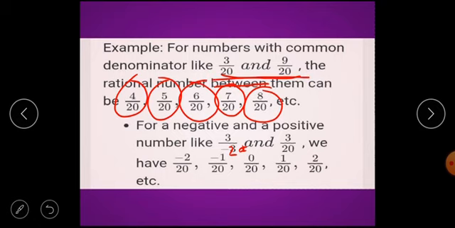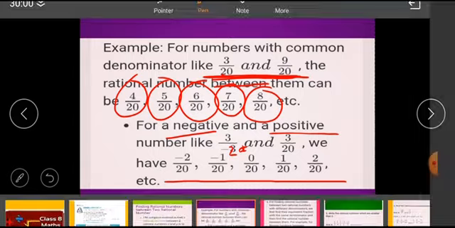Because the denominator is the same, we can easily write the numbers that lie between these two numbers. And if I have a negative and a positive number, minus 3 upon 20 and 3 upon 20, I can write numbers like minus 2 upon 20, minus 1 upon 20, 0 upon 20, 1 upon 20 and 2 upon 20.